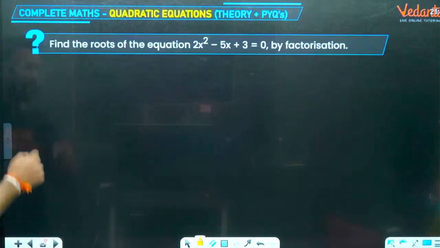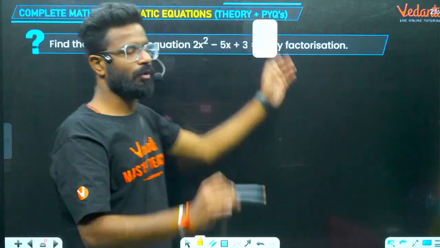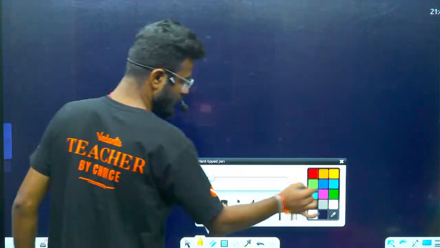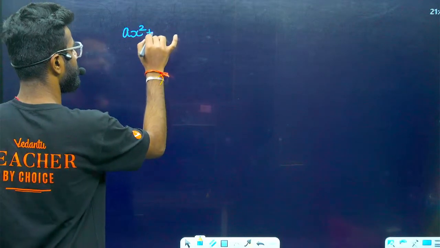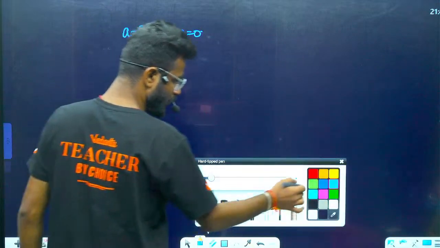Okay. Done. Now we have the next chapter, that is quadratic equations. What are quadratic equations? The general form of a quadratic equation is ax square plus bx plus c is equal to 0.